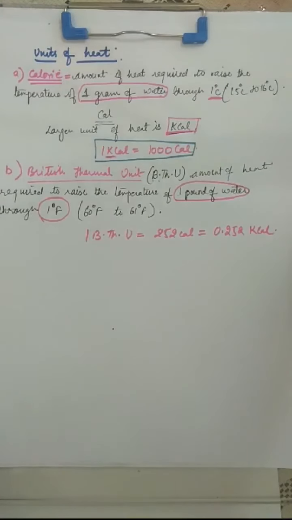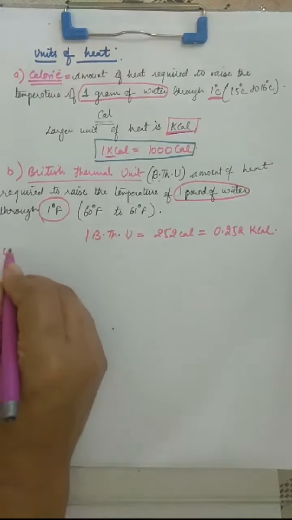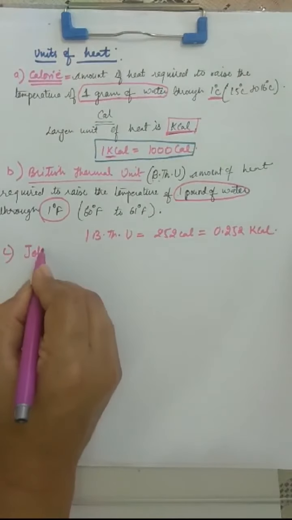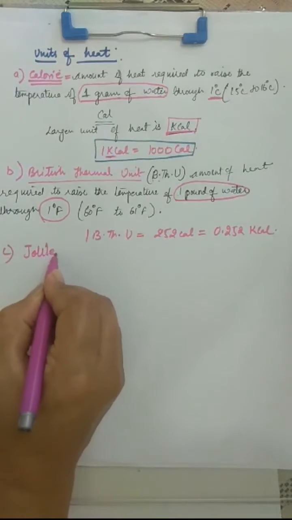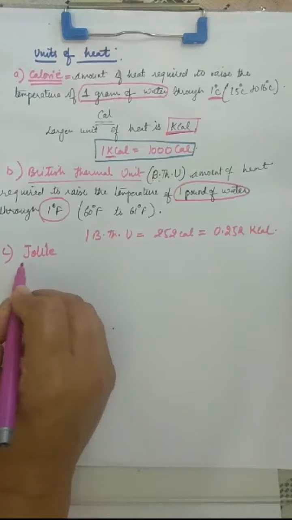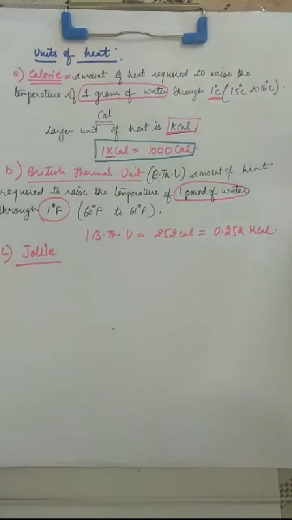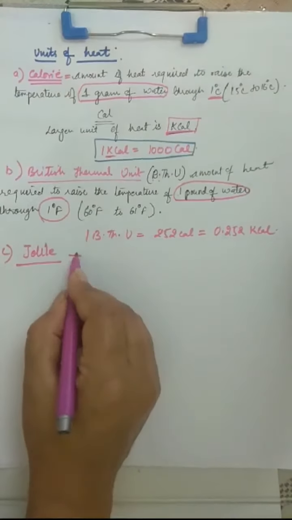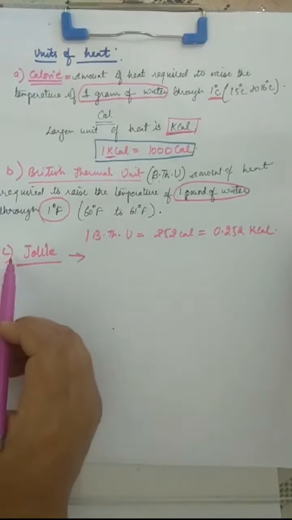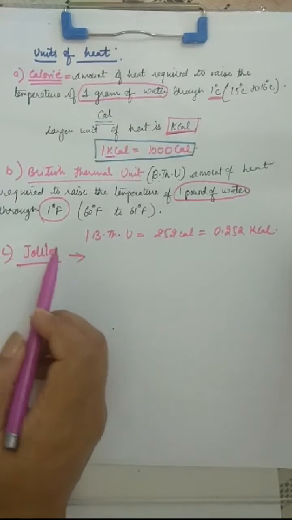Third, we have the unit that all of you have read, that is joule. J-O-U-L-E, joules. So what is joule? In the SI system, heat is measured in joules. Clear?